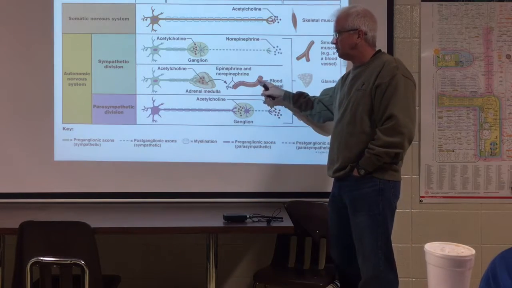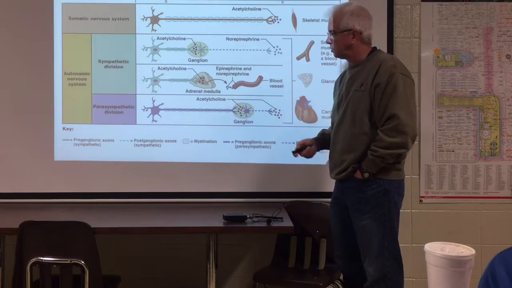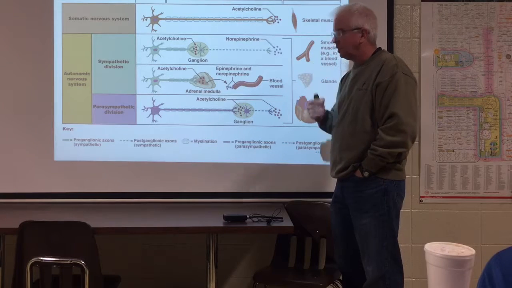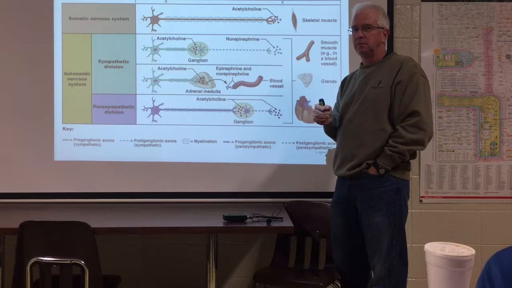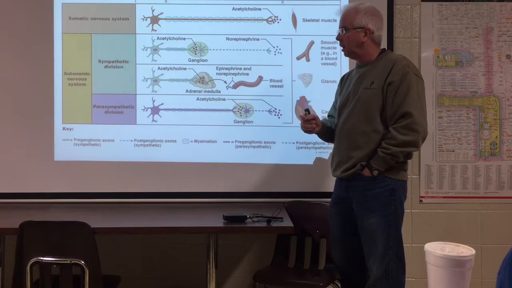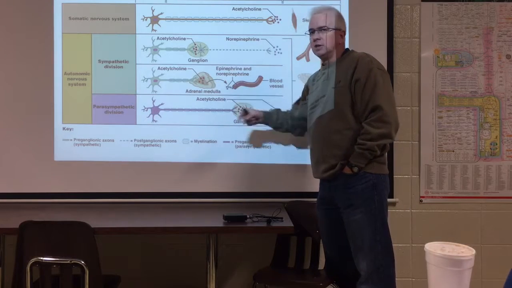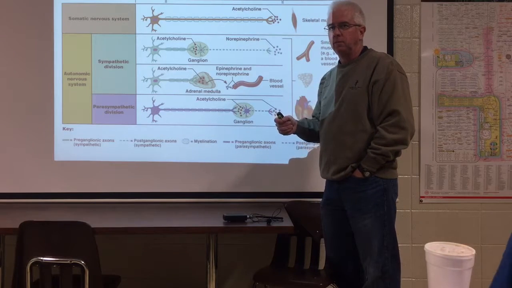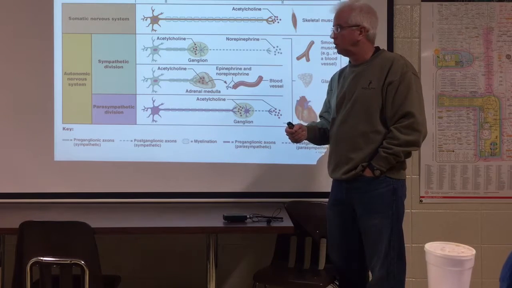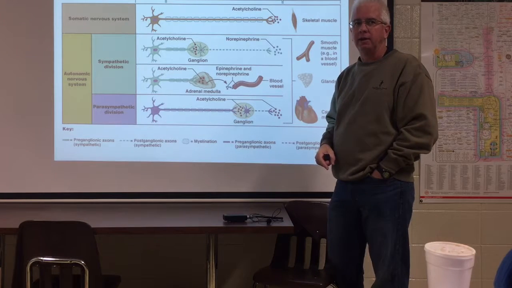Now, the exception I finished class with was this one. I didn't talk any more detail about it. It's a very important exception, and that is the projection to the adrenal gland. Developmentally, during the development of these structures, the cells of the adrenal medulla are located in the same tissue that the neuronal ganglion cells of the sympathetic nervous system are located in.